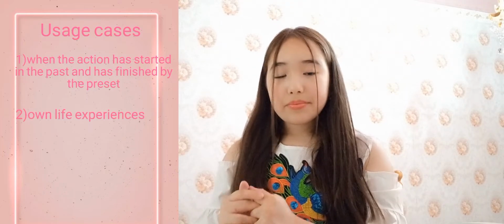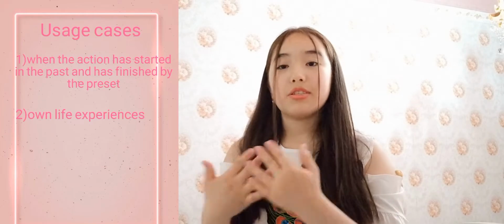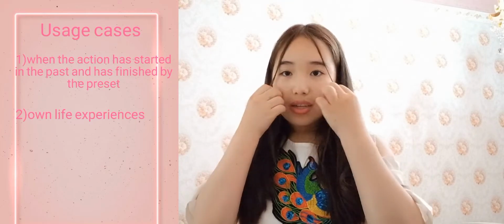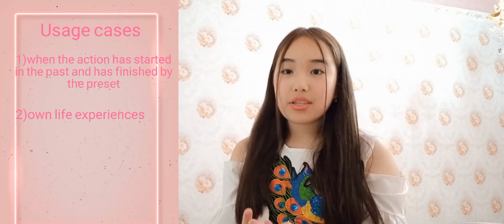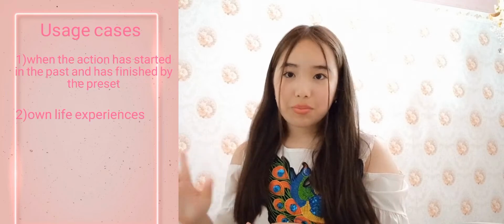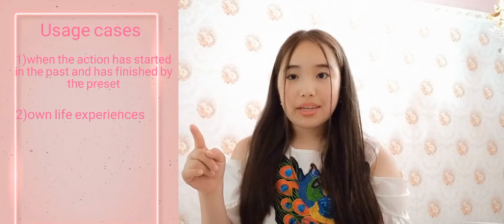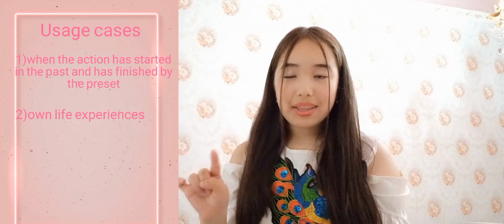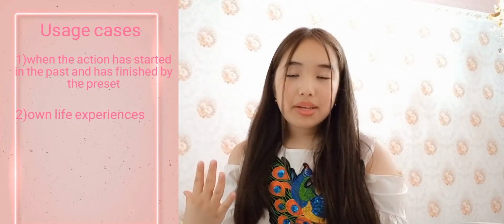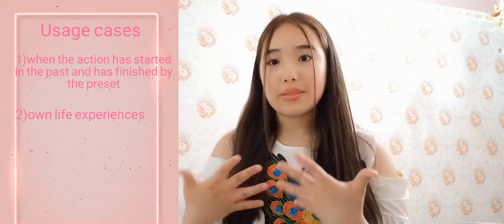For instance, I have been to Paris thrice. I've been to Paris 3 times. You talk about your own experience, that you have been to Paris 3 times. I have, plus the verb to be in the past participle, been. I have been to Paris 3 times.